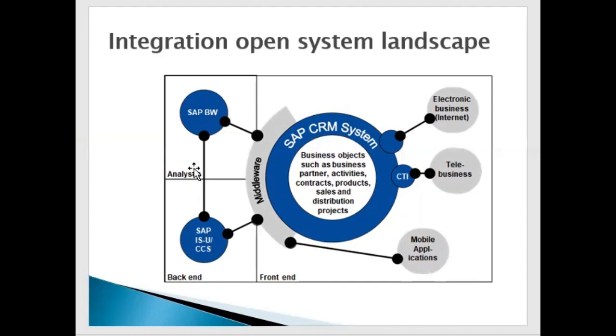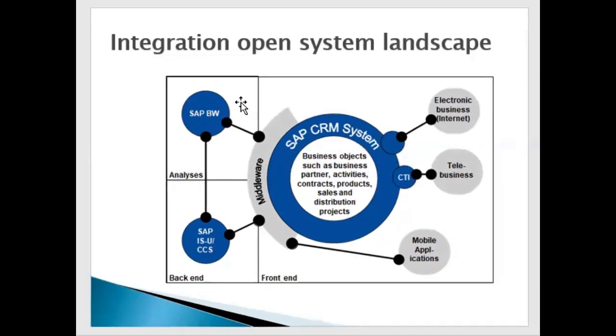So this BW system is analytics, the backend is ISU, the front end is CRM, and the external systems are integrated through different modes. These days, there are many modes, like people integrating through social media, like WhatsApp. They're integrating to the CRM system. So the objective is to get the queries from any of the media and solve the queries, sending back the satisfying result by getting the results from the core system, which is ISU, and the BW system, which is for reporting.